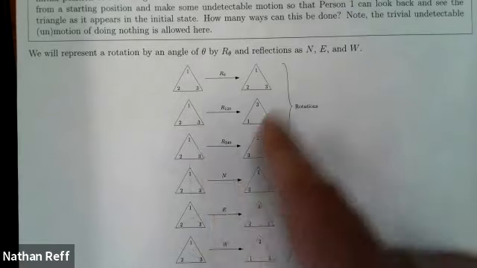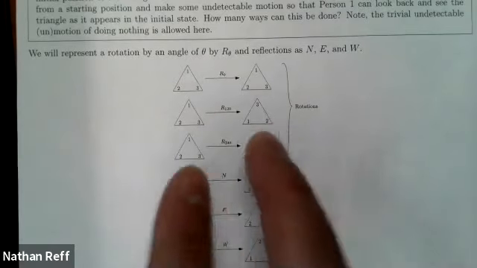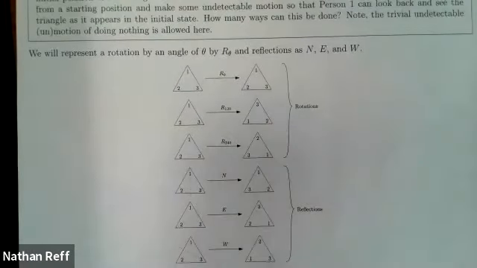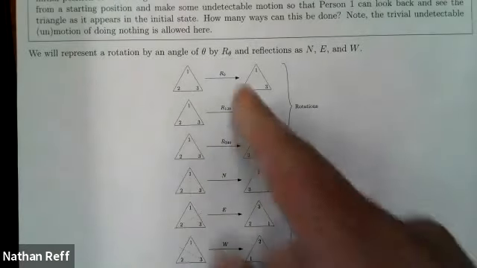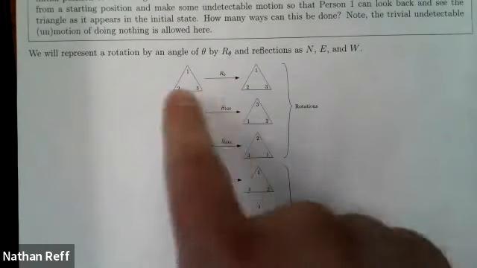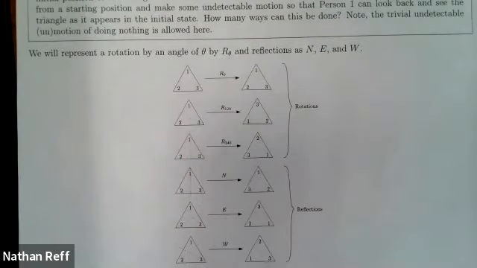Any of the other rotations you can think of, where you would pick up this thing and rotate it any number of ways, would just be a combination of these basic rotations. For example, if you rotated it 360 degrees, it would effectively do the same thing as rotating it by 0.